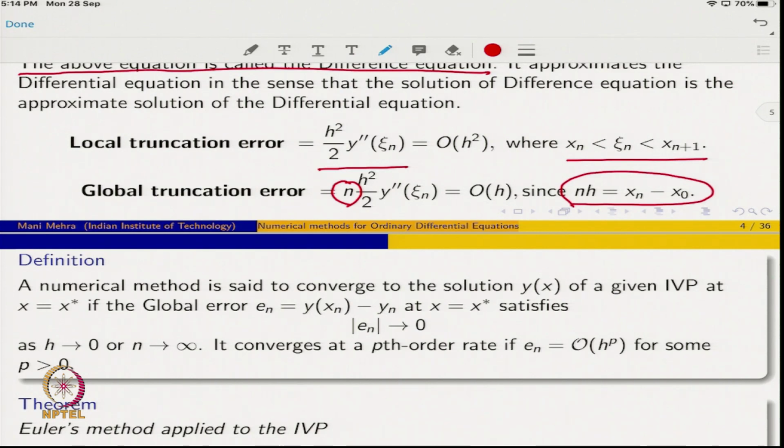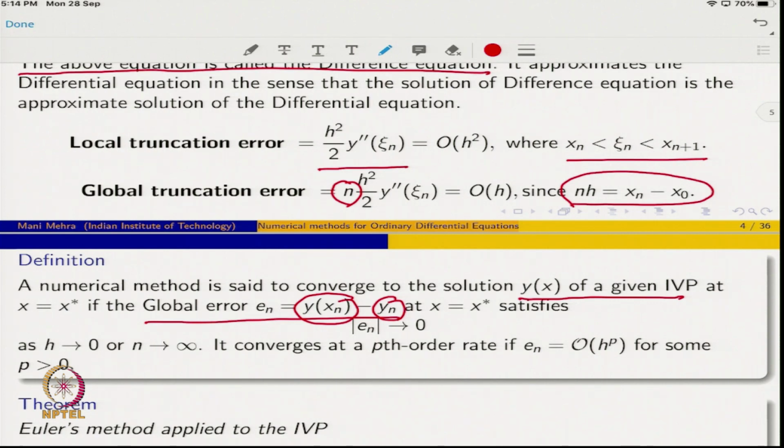A numerical method is said to converge to a solution y of x of a given initial value problem at some point if the global error goes to zero. How do you define the global error? The solution of the differential equation, which is y at xn, minus the solution of the difference equation. That is how we define the global error.